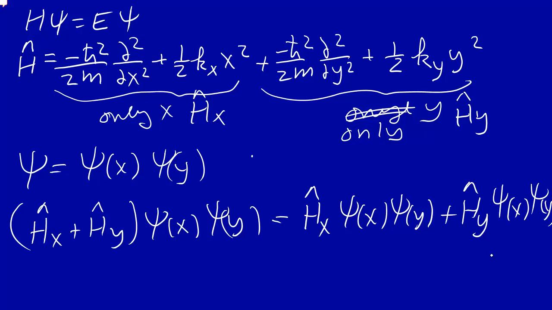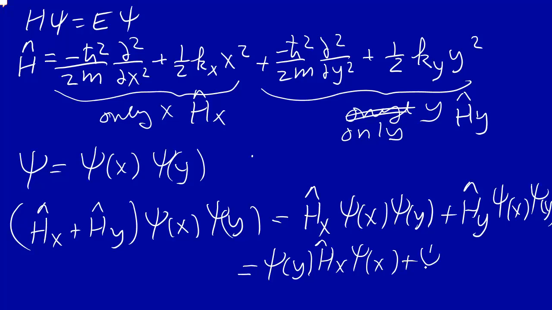Since psi of y doesn't depend on x, and the derivative with respect to x doesn't act on it, we can pull it out. So we can rewrite this as the wave function that depends on y times hx times the wave function that depends on x, plus the wave function that depends on x times hy times the wave function that depends on y.